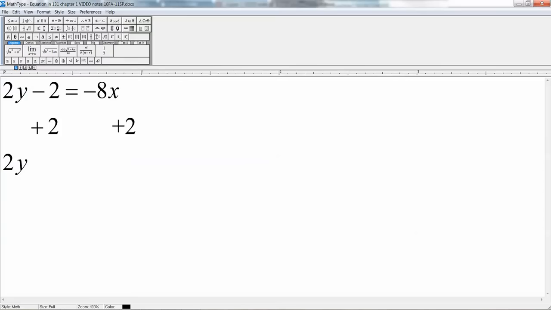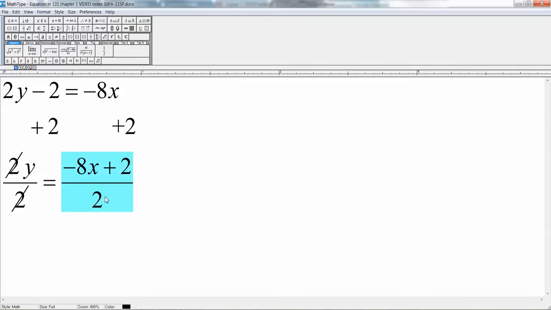So that leaves me 2y over here equals negative 8x plus 2. All right, I still don't want this 2 right here, so I'm going to divide by 2 because that's multiplication right there. So I'm going to divide by 2 to make it go away. But of course you can't do that to the right without doing it to the left. So you have to divide the entire right-hand side by 2 as well.